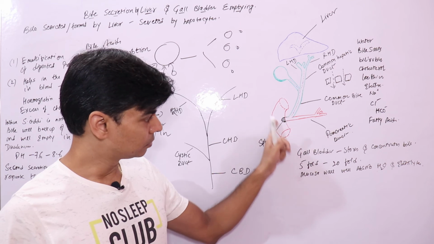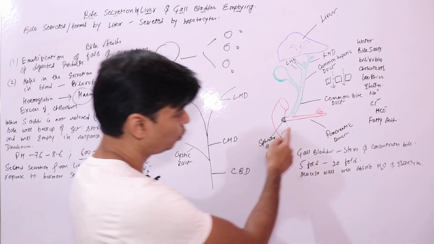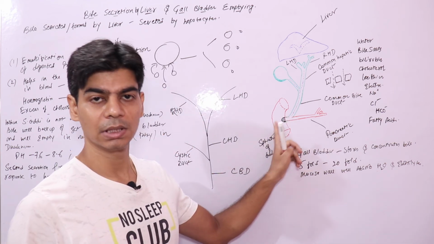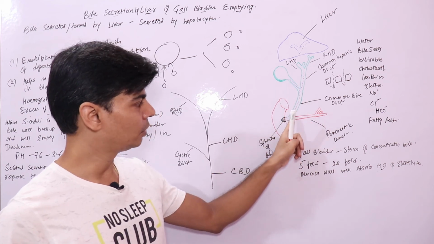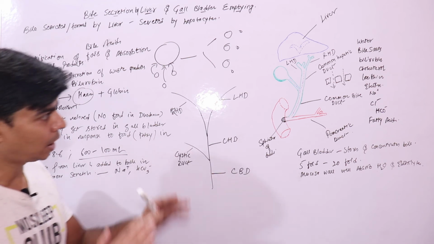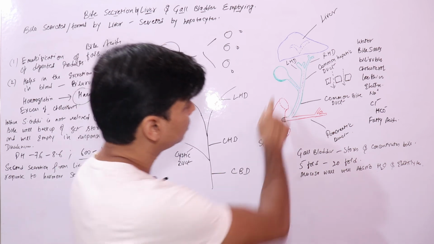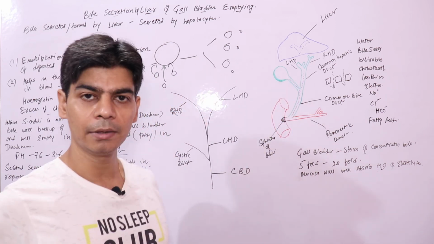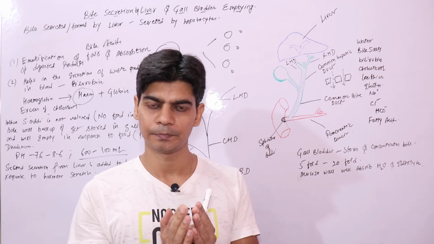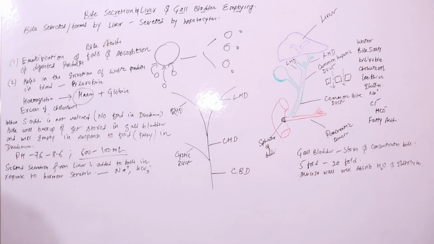This emptying is effective only when the sphincter of Oddi relaxes, because only then will the gateway of bile open towards the duodenum. Now let's quickly look at how this emptying is done. When your bile is in the gallbladder, the wall of the gallbladder will rhythmically contract. There are rhythmic contractions of your gallbladder wall.